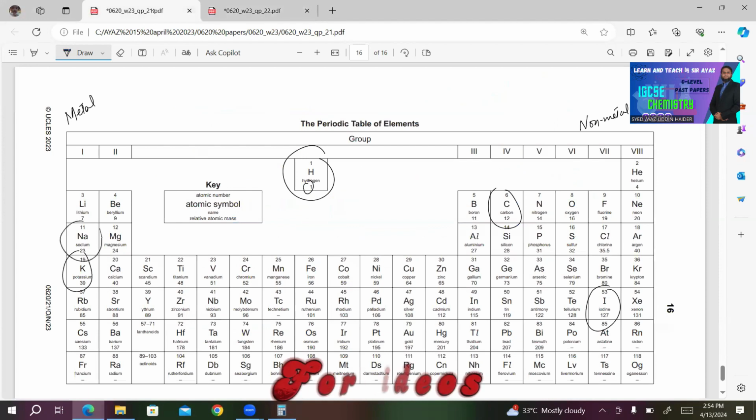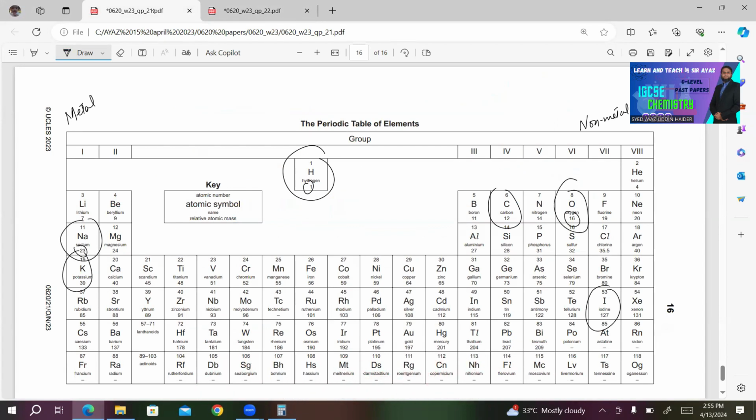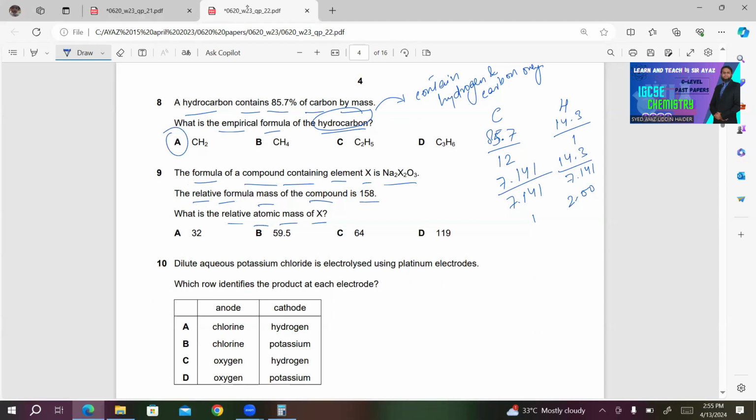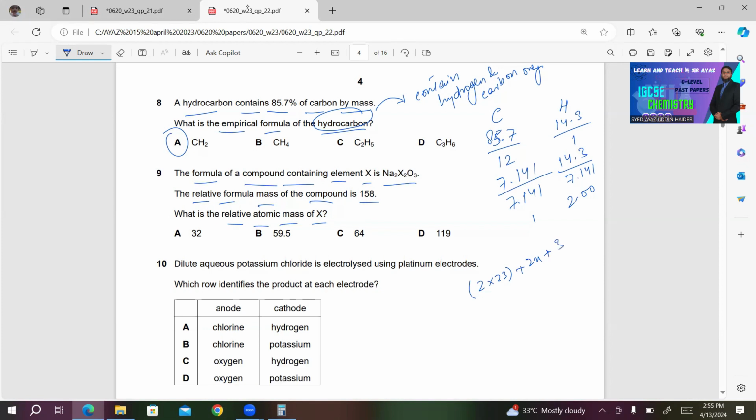Sodium's AR is 23. What about oxygen? It's in group 6, it's 16. So for sodium, I will multiply 2 by 23, plus the 2 atoms of X, 2x, plus 3 multiplied by 16, is equal to 158.